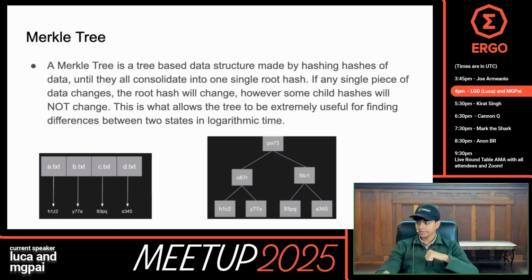So why this is really cool is because you can find differences between two states, so meaning two different trees. So if you made any modifications, you can find the difference between them really fast because think of it logically, right? If you have two pieces of data, what do you have to do? You have to iterate through them, right? One bit at a time, the smallest unit of difference, right?